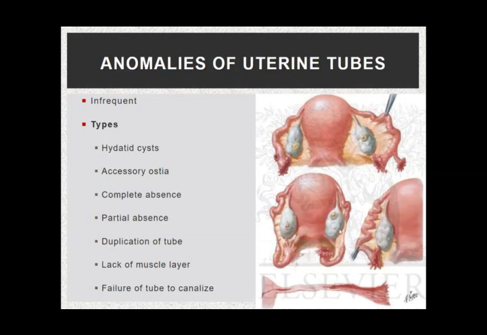So all these are various anomalies of the uterine tube. Picture किताब में इसलिए नहीं दी हुई because this is something so rare कि you hardly ever find an anomaly.